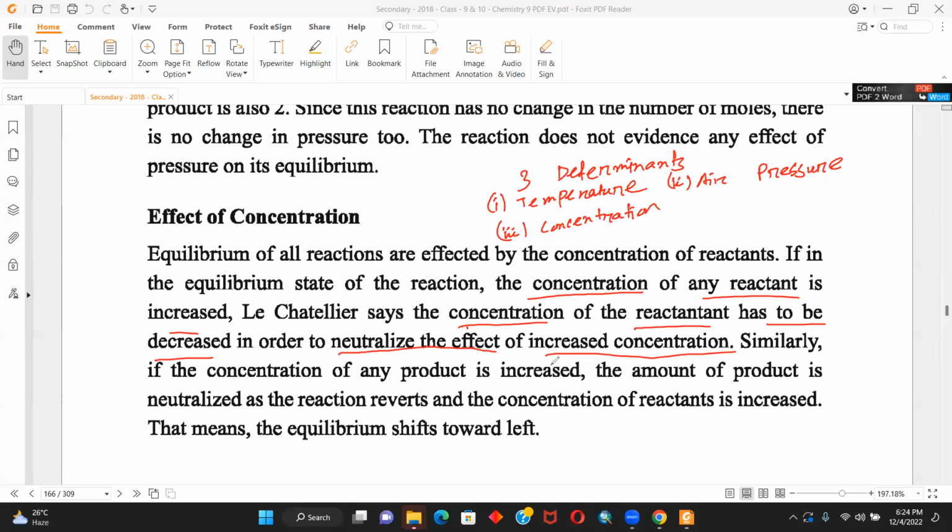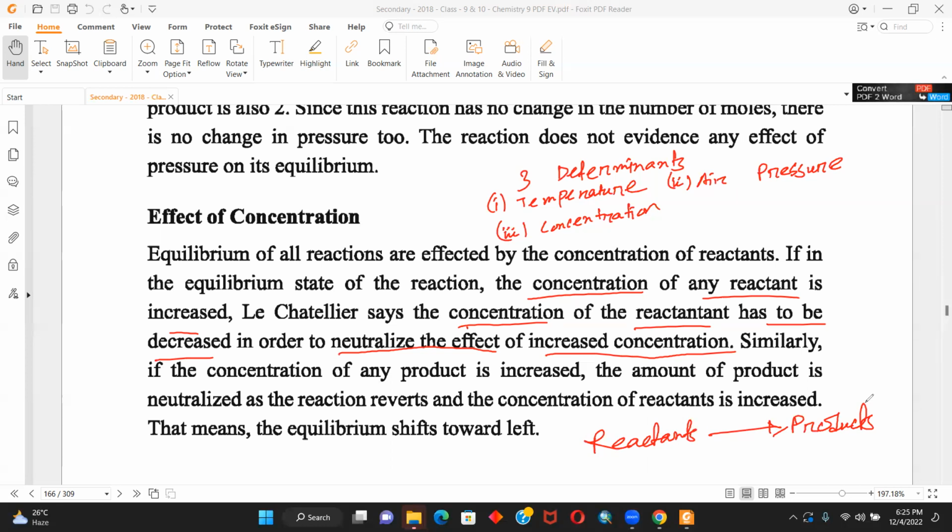If the rate of the forward reaction gets increased, that means more of the reactants will form into products. There is no confusion in that, right? Whenever the forward reaction runs, the reactants turn into products. There is no problem in that.